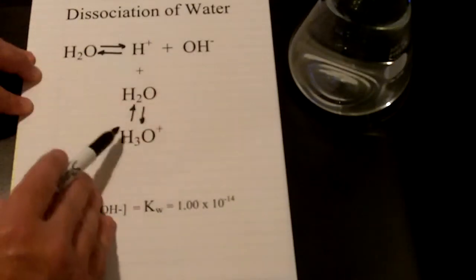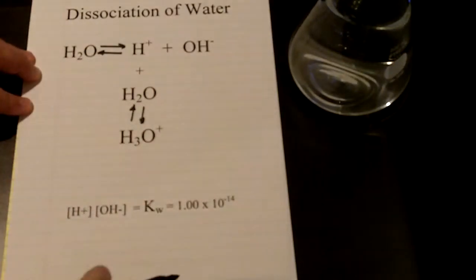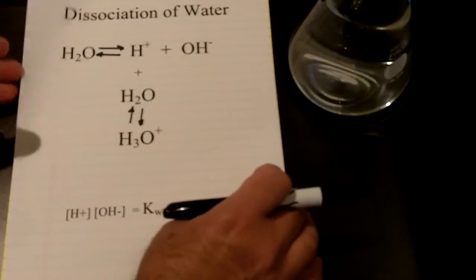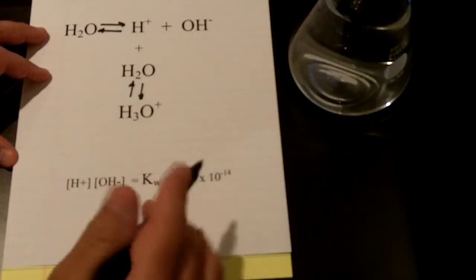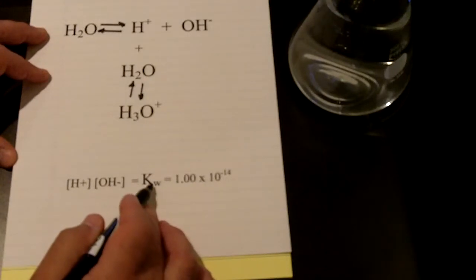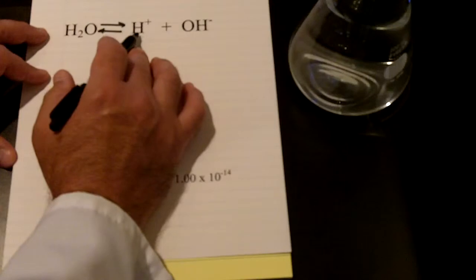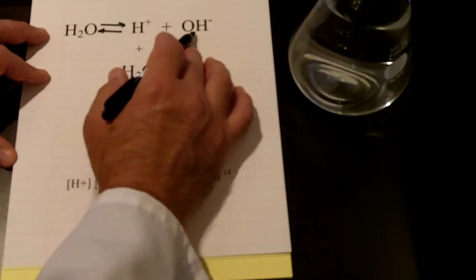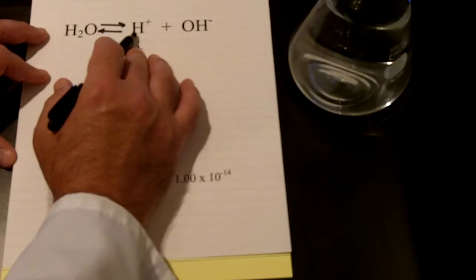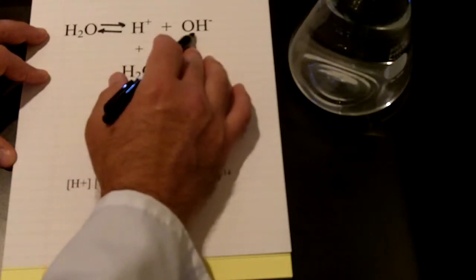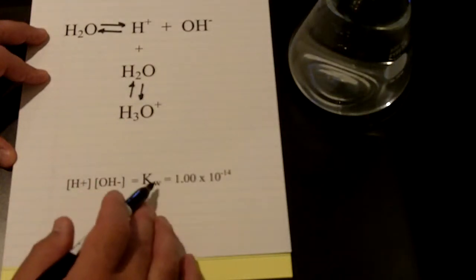Well, an equilibrium implies an equilibrium constant, and certainly we have an equilibrium constant in this case, and we call that equilibrium constant Kw. It's a very important number for us because it's going to help us to understand the relationship between hydrogen ions and hydroxide ions. As it turns out, the product of hydrogen ion and hydroxide ion concentration, the product of those two concentrations, is equal to Kw.